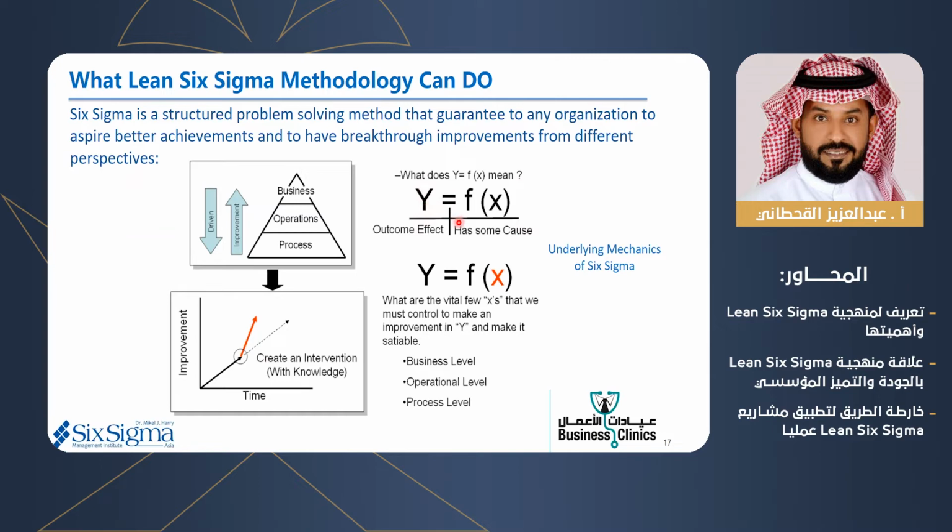And it consists of many parameters. For example, if we talk about an example here, let's talk about coffee, a cup of coffee. This is the final result. The final result that the customer is looking for is a very good taste of coffee. So this is the final result, which consists of many parameters.